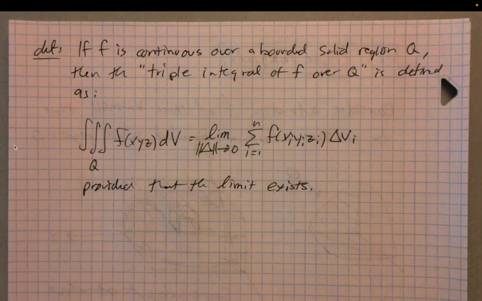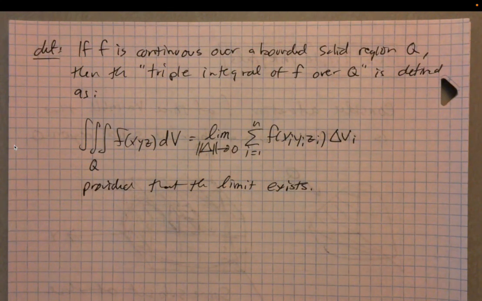But basically, the idea is similar to the ideas that we've seen for other types of integrals. It's just in this case, the representatives are cubes, right? Instead of squares or rectangles, as we've seen with double integrals, the representatives here are cubes.